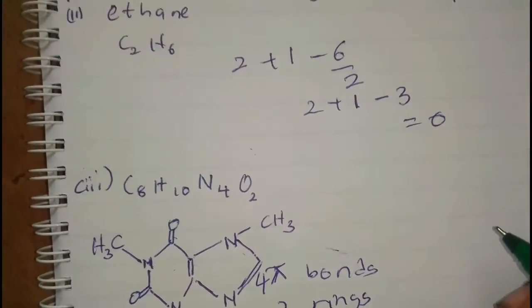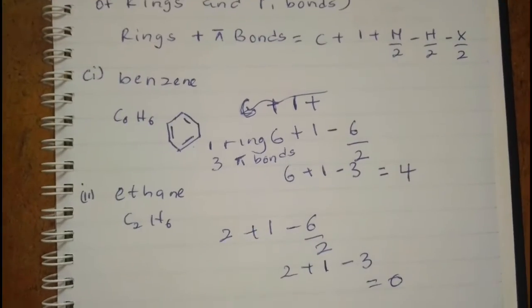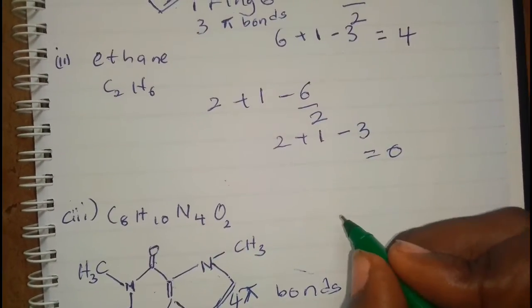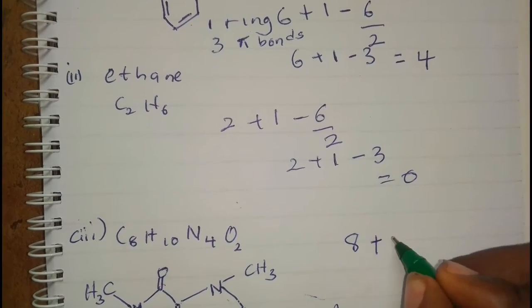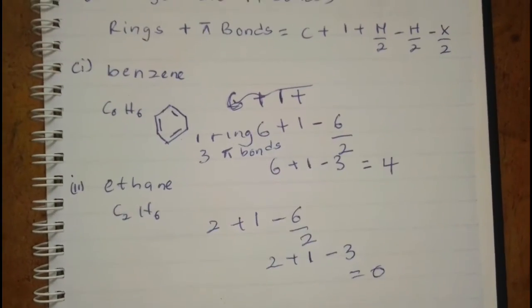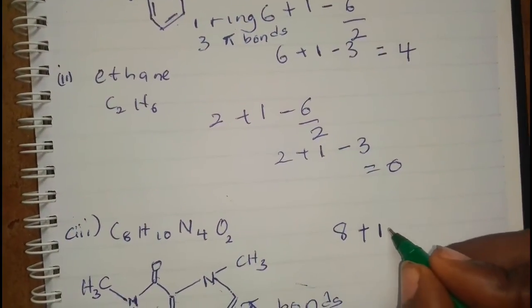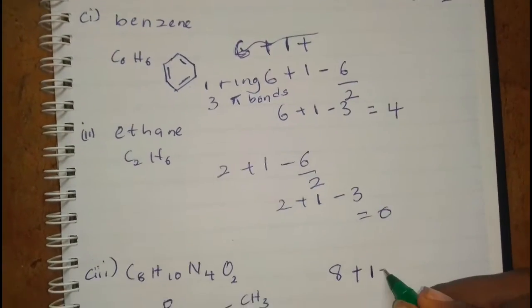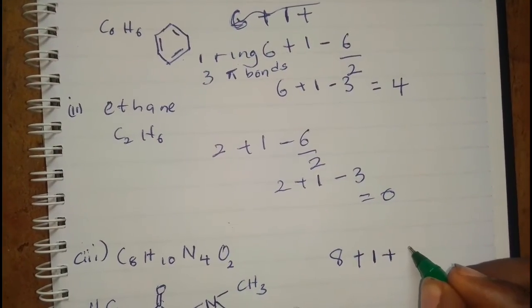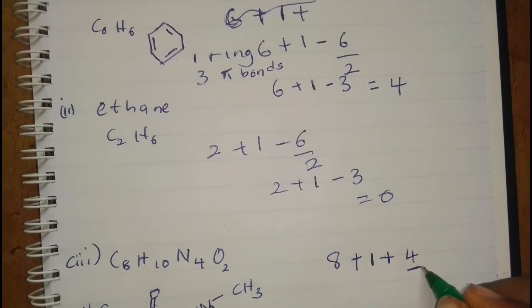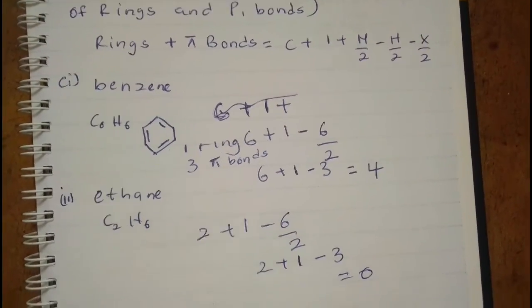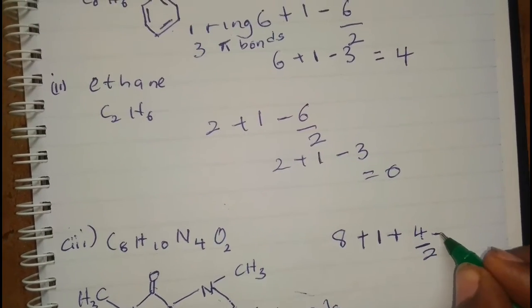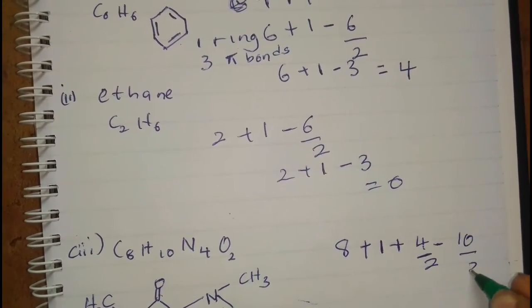So let's try it out from the formula that we are using. We have the 8 there plus 1. If you check, we have the nitrogen atom there, so plus 4 over 2. The next is the hydrogen atom, so 10 over 2.